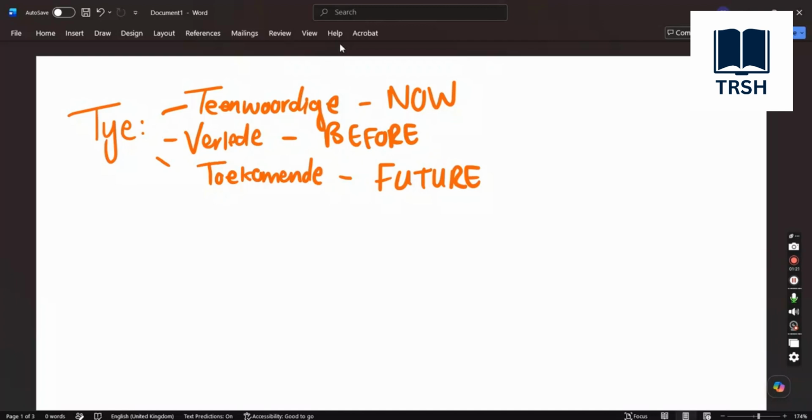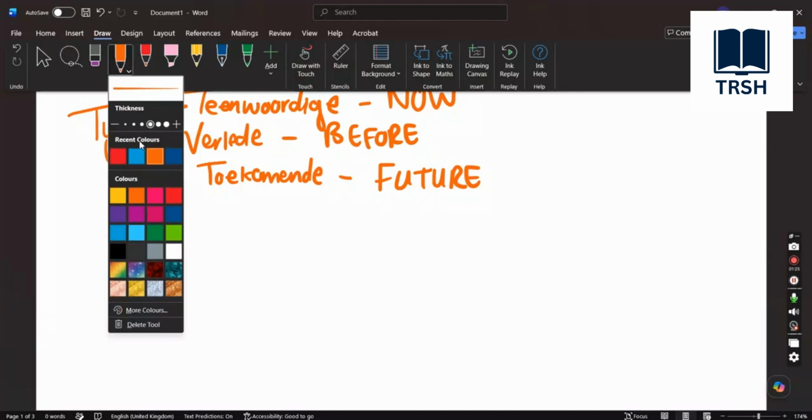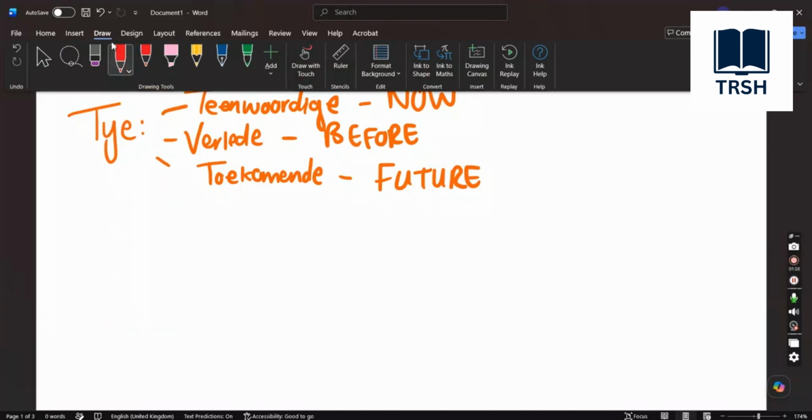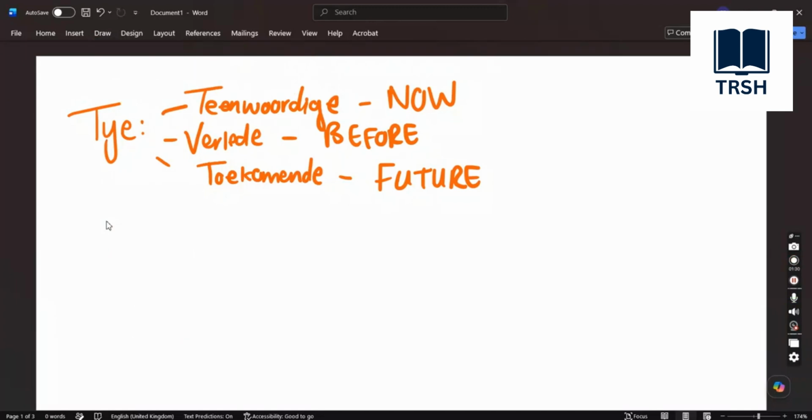So if we look at an example, even though we really did touch on these things, I'm just going to give an example. An example could be ek speel, which is your teenwoordige tyd. Then if we change it to verlede tyd, it would be ek het gespeel.